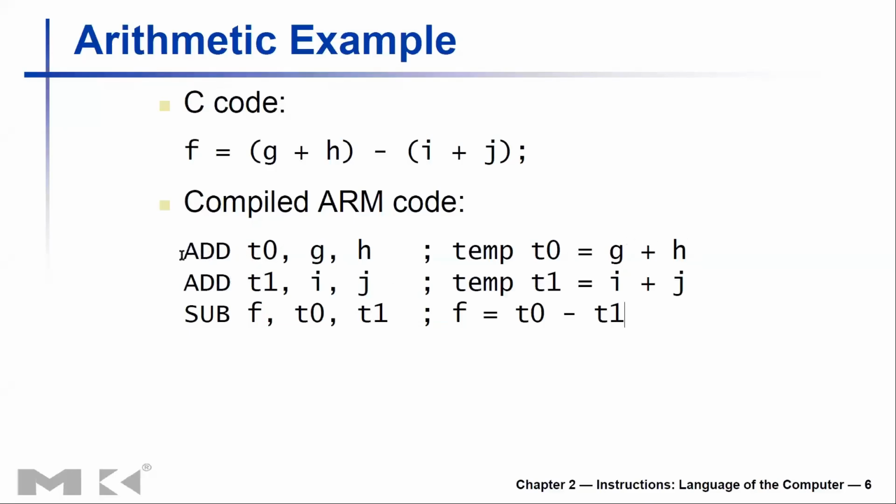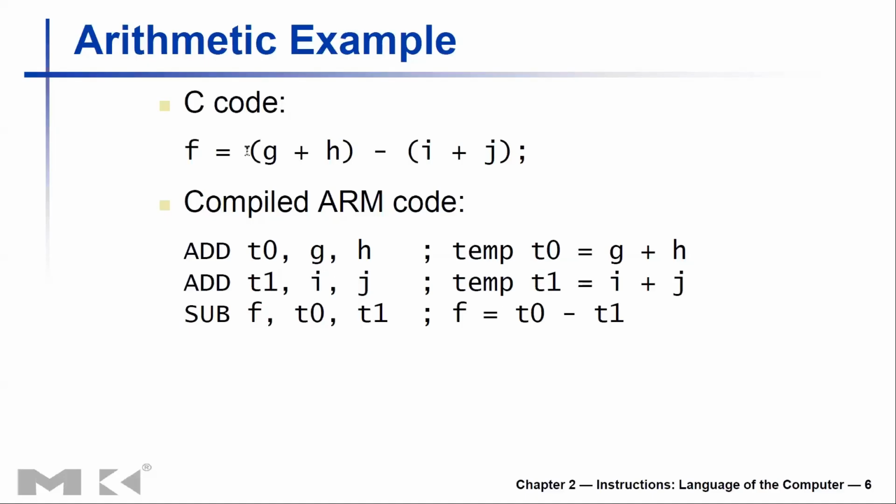After you execute this instruction, t0 will get the addition of g plus h. Now with the second line, we are making t1 equal i plus j. So add t1, i, j means t1 equals i plus j.